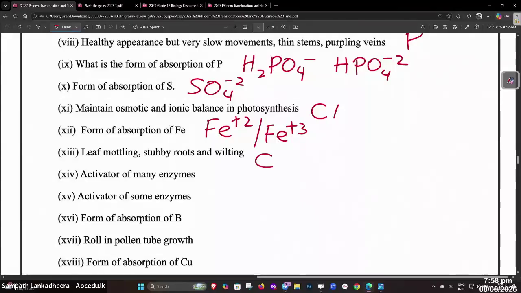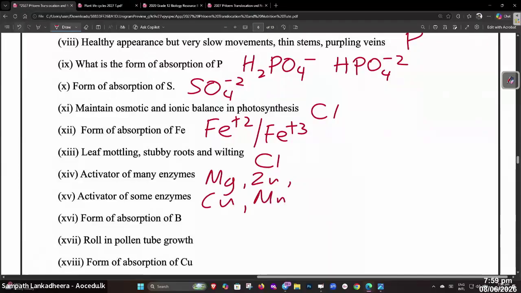Very good. Chlorine. And then activator of many enzymes, people. Magnesium, zinc. Two more activators are there. Activator of some enzymes, what do you take? Copper and manganese.